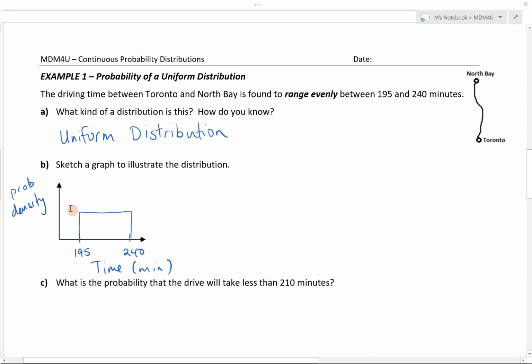So what does that mean? Well, the entire probability distribution must equal 1. So the area under this line here, all of this, must equal 1. Let me write that here. The probability distribution must equal 100% or 1.